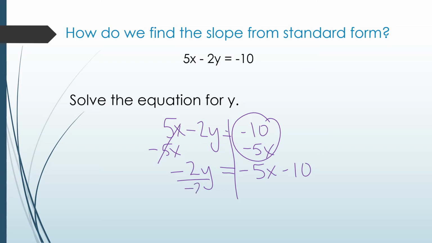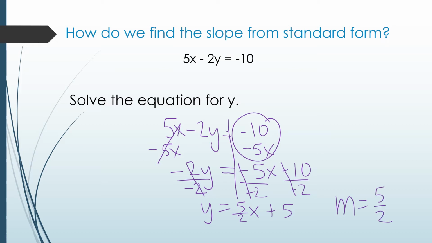And now I can divide by negative 2 everywhere to get that slope-intercept form. So y equals, those two negatives cancel to positives, so that's positive 5 over 2 x, and then these two negatives make a positive, so that would be positive 5 if I divide that. So now that that's in slope-intercept form, I can see that my slope, m, equals 5/2.